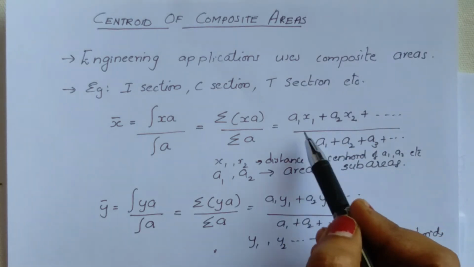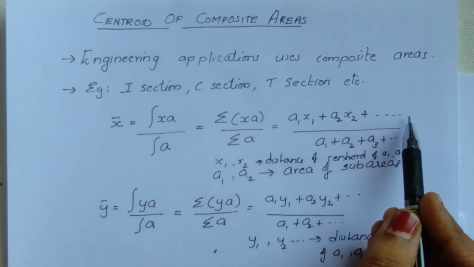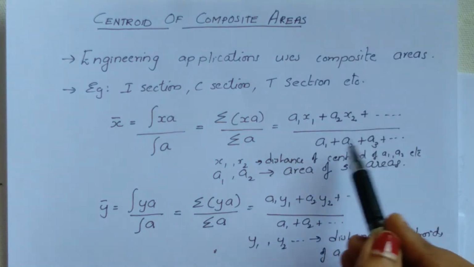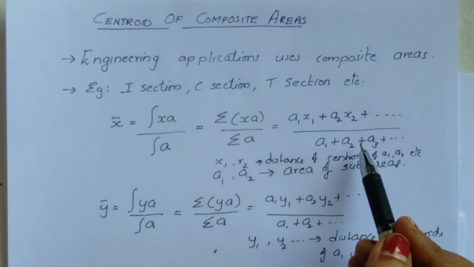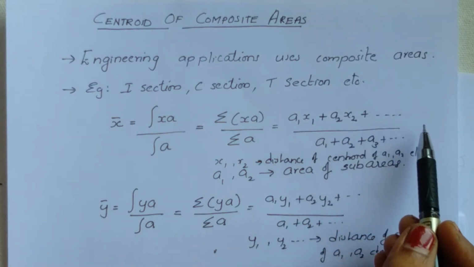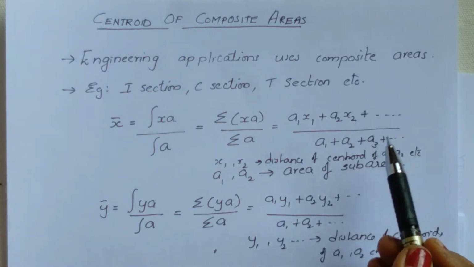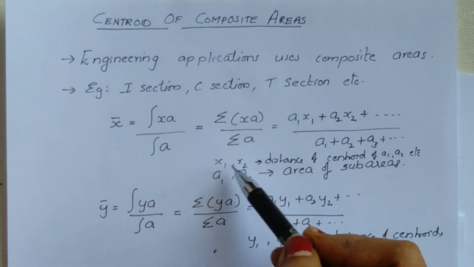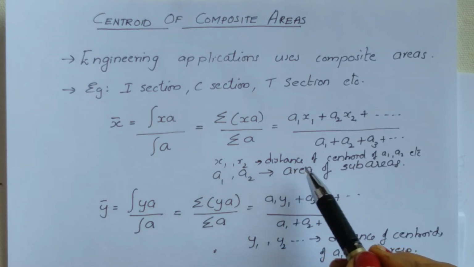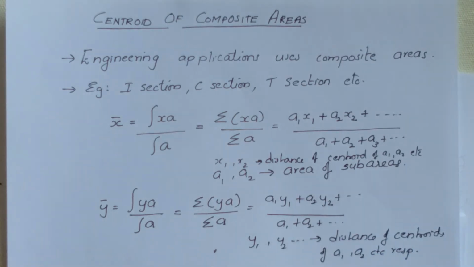This can be expanded as a1 x1 plus a2 x2 plus etc. divided by a1 plus a2 plus etc., where a1, a2 etc. are the simple areas that we have identified from the composite area, and x1, x2 etc. are the distance of centroid of a1, a2 etc.